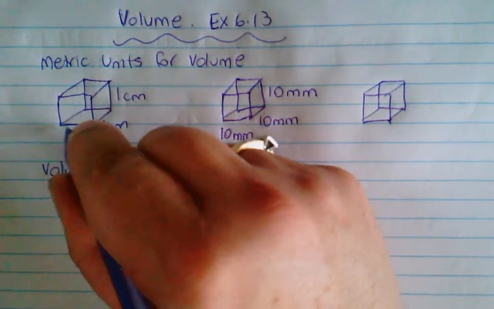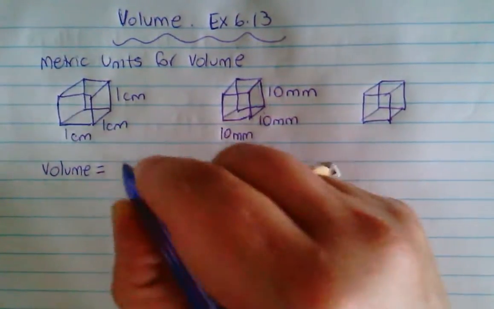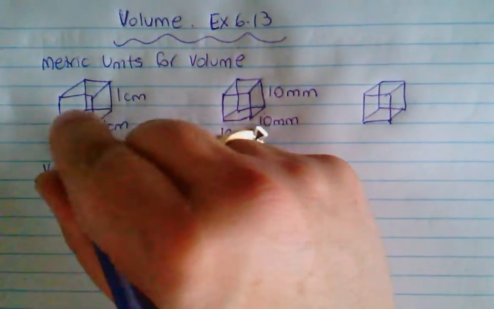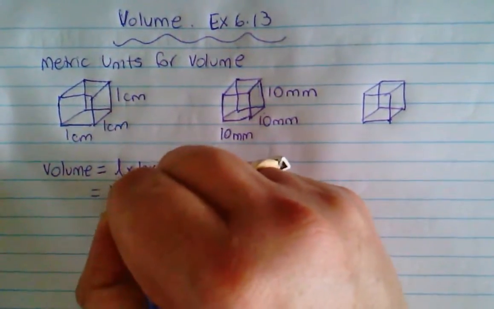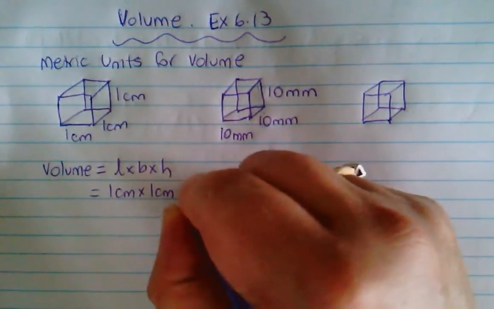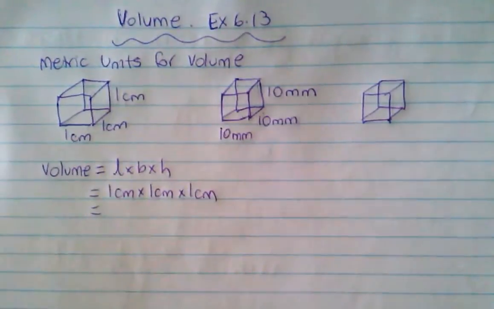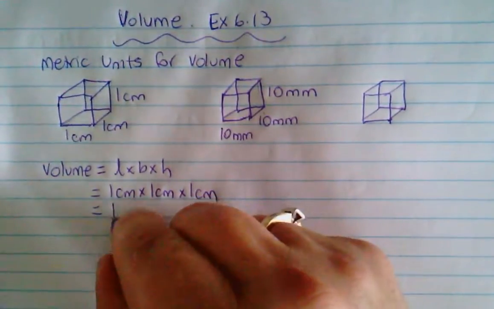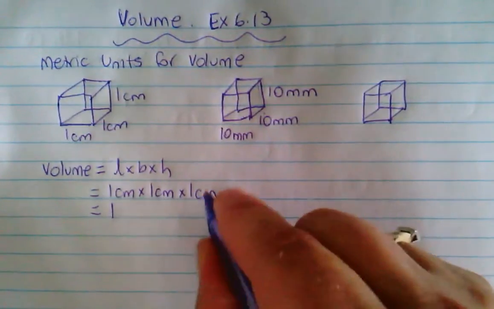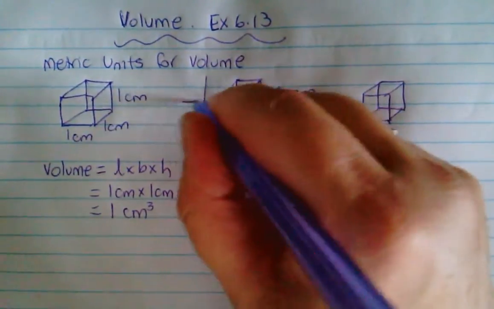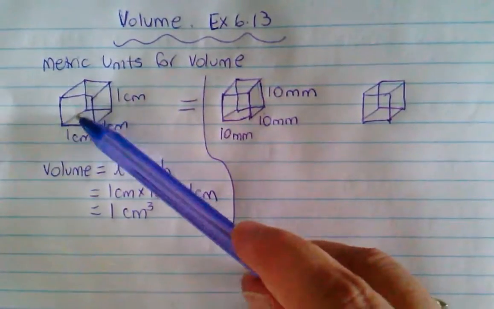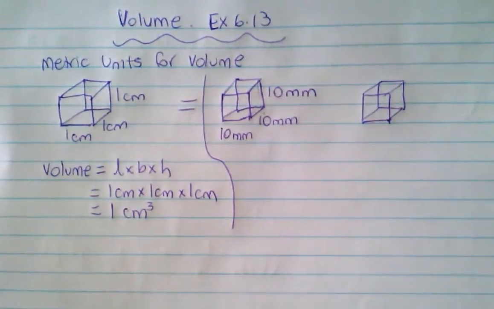The volume of the first cube is, remember how it's length times breadth times height? L times B times H, which is 1 centimetre times 1 centimetre times 1 centimetre. What's 1 times 1 times 1? 1. Centimetres times centimetres times centimetres is a centimetre cubed. Now, that cube on the left is the same as this cube on the right.